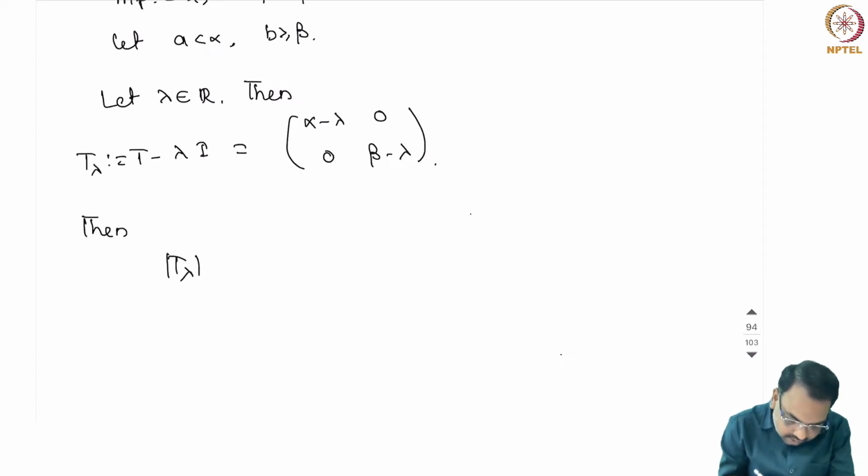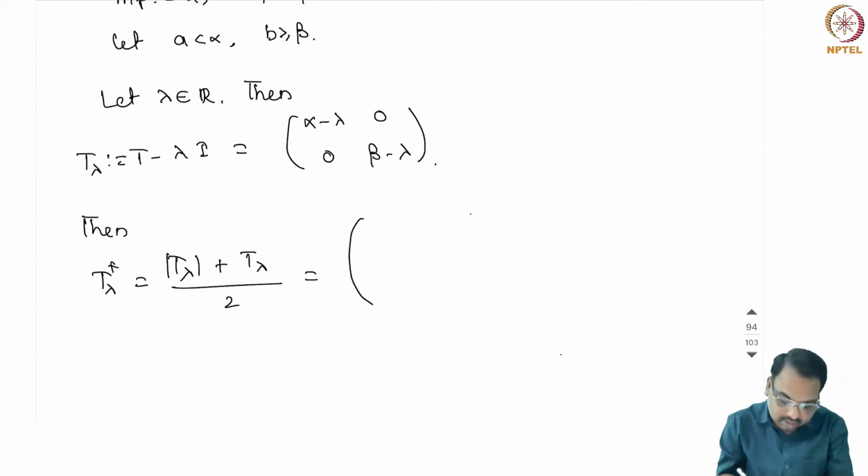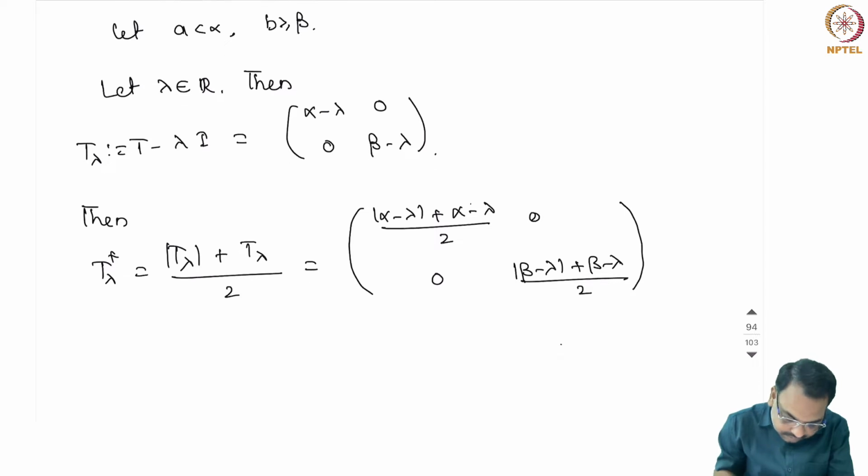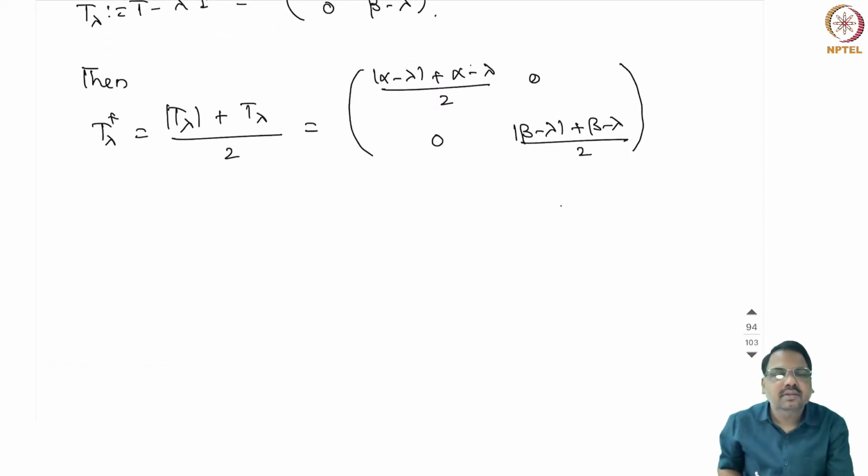Then if you look at mod T lambda plus T lambda by 2, that is T lambda plus, this is nothing but the diagonal matrix with entries mod alpha minus lambda plus alpha minus lambda by 2, and mod beta minus lambda plus beta minus lambda by 2. Now E lambda is nothing but the orthogonal projection onto the null space of T lambda plus.